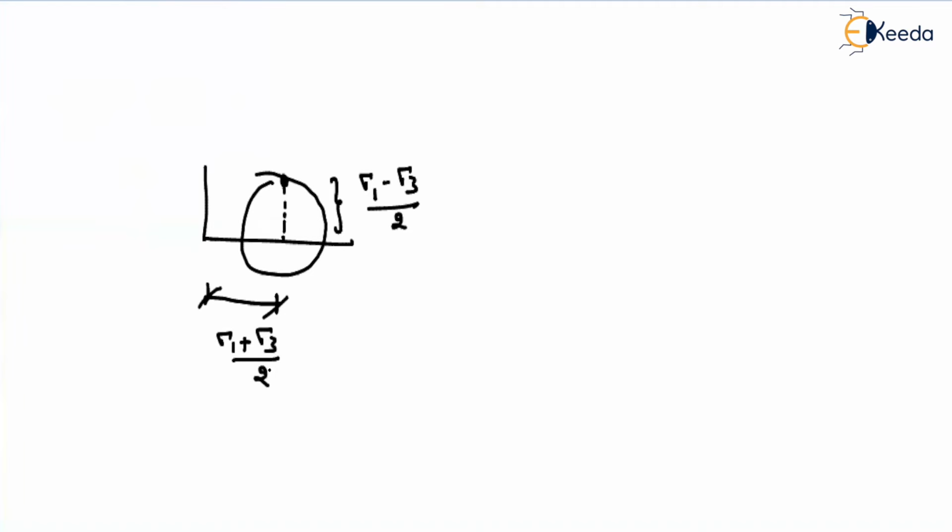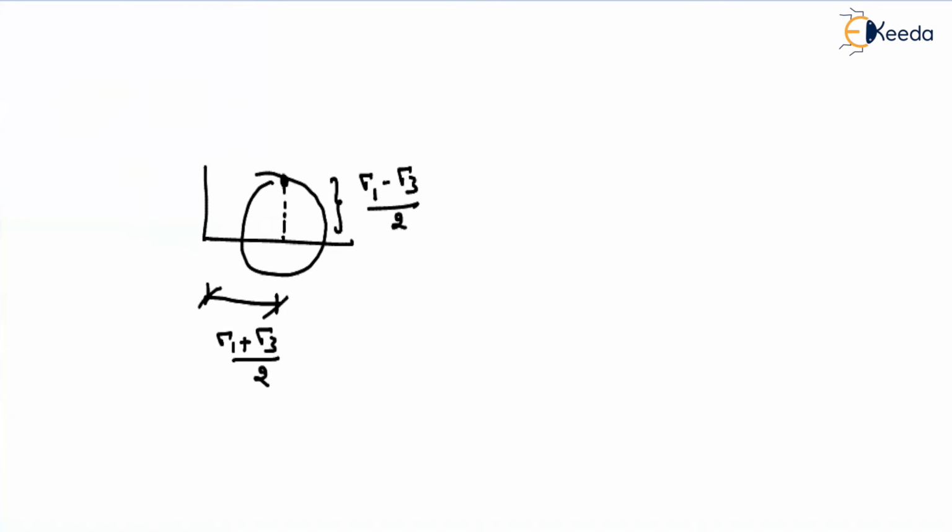Like that, if I keep sigma 3 constant and keep on changing the sigma 1 values, the circles will also increase. But if I am only interested in the maximum shear stress and the associated normal stress, then that is nothing but a stress path.